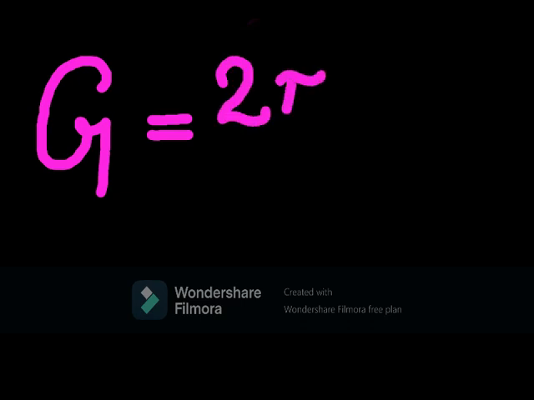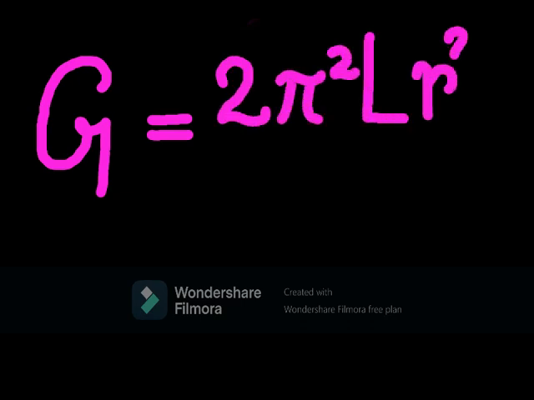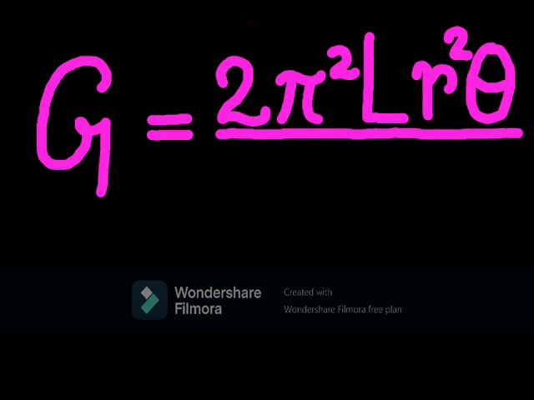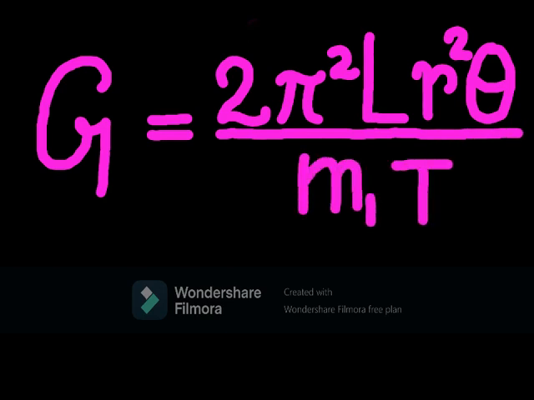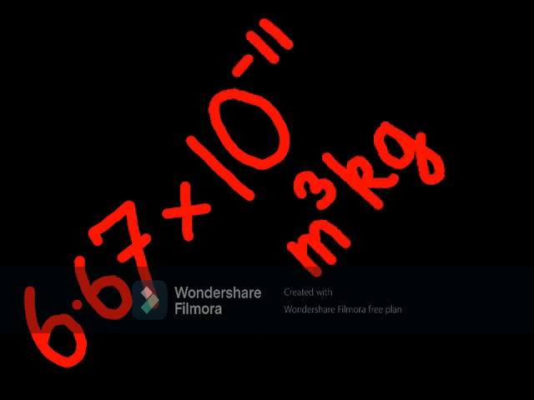After cancelling and rearranging everything, we are left with g is equal to 2 pi square times Lr square theta divided by m1 times t square. And the value of this wonderful constant is 6.67 times 10 to the power negative 11 meter cube per kg second square.